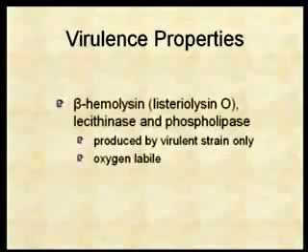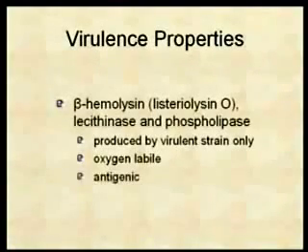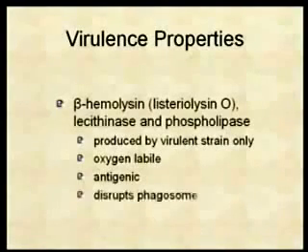It is produced by virulent strains only, so it is probably plasmid coded. It is oxygen labile. In other words, if it is exposed to oxygen, the beta-hemolysin will lose its cytolytic properties. It is antigenic, immunogenic, so people who are infected will produce antibodies against it.